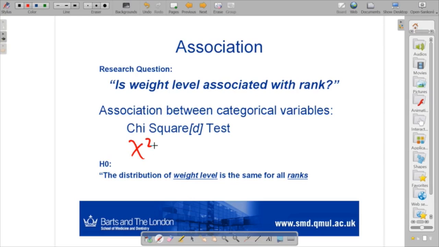So I have no idea why, I suspect in some seminal piece of work, there was a typographic error, somebody forgot the D and it stuck. But you may see it being called a chi-square or chi-squared test. They're both the same thing. Personally, I prefer the D.